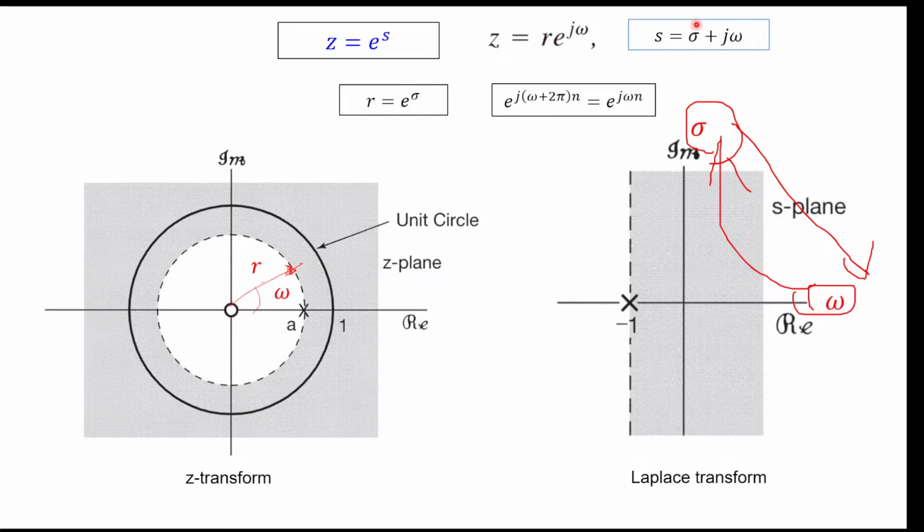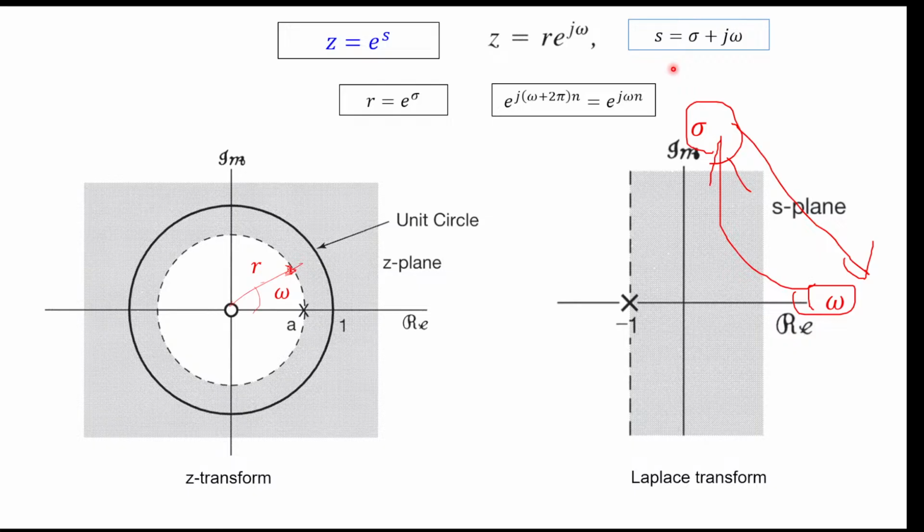And we think if s is sigma plus j omega, then we can equate this thing with this thing. You will see that this radius r is e to the sigma, so exponential of the real part of s, and omega will be just this omega.